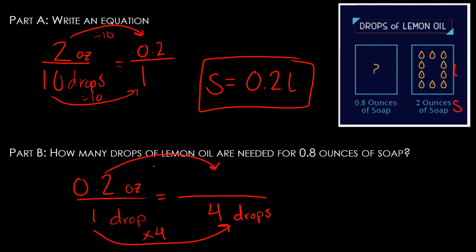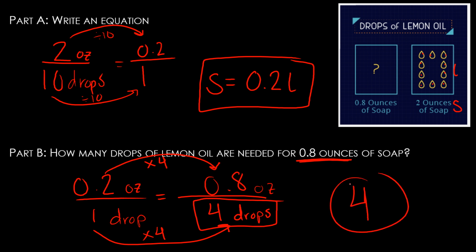So I'm going to do the same exact thing up top. So 0.2 is going to give me 0.8, which is what I have here. So I need 4 drops. So 4 drops of lemon oil are needed for 0.8 ounces of soap.